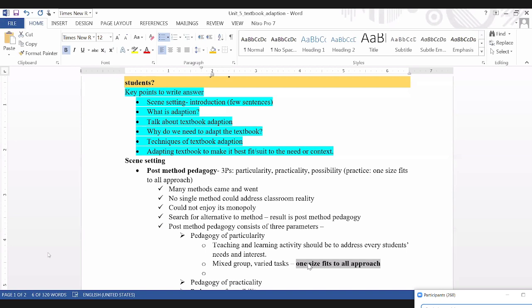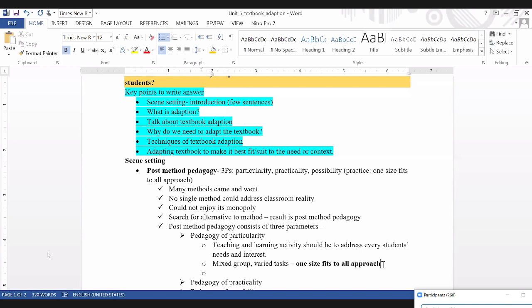But what the classroom situation dictates is that varied tasks should be there. If the learners have a low level of understanding, low pace of learning, then low level tasks should be assigned to them, then they will learn accordingly. Some students are talented also, of high learning ability, then why don't we provide them higher level tasks?